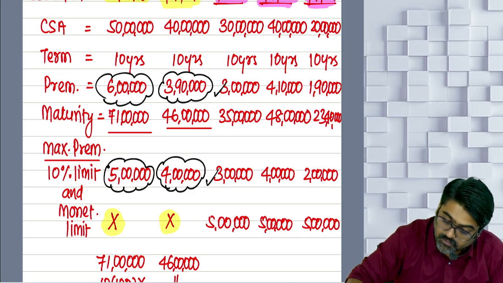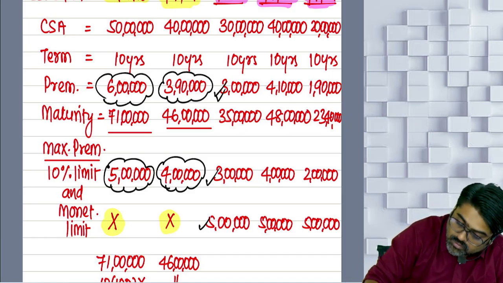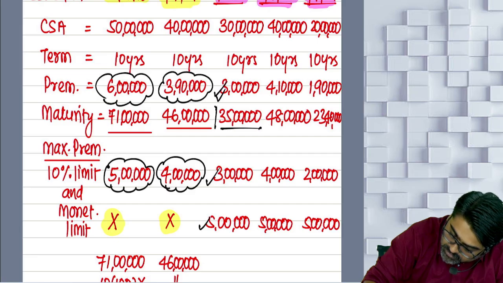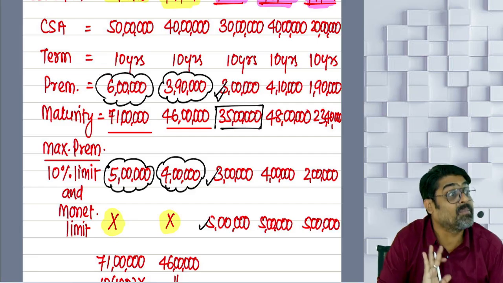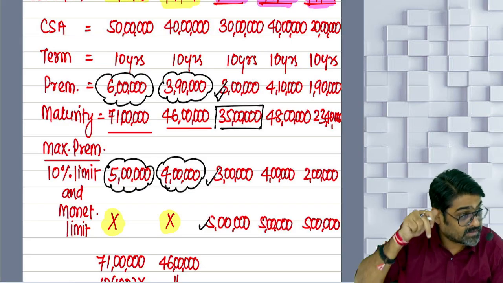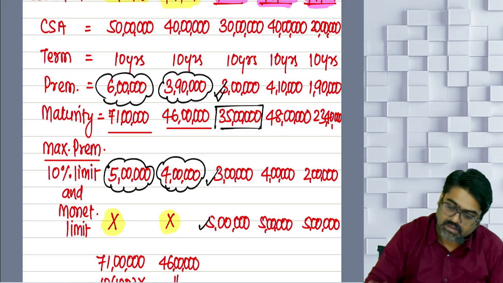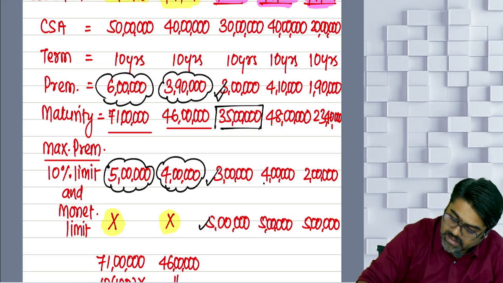Now check. 3 lakh is less than 5 lakhs, so these proceeds can be exempt under section 10(10D). Now tell me about 4 lakh and 5 lakh.